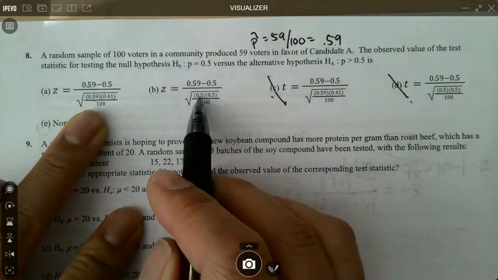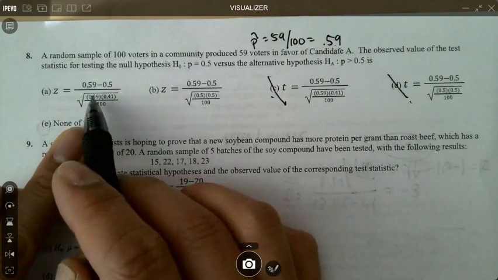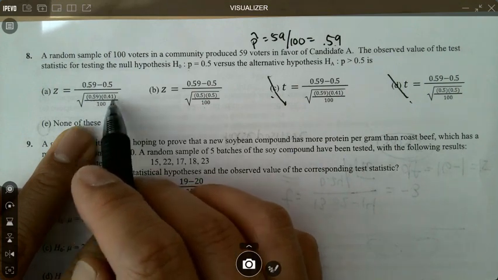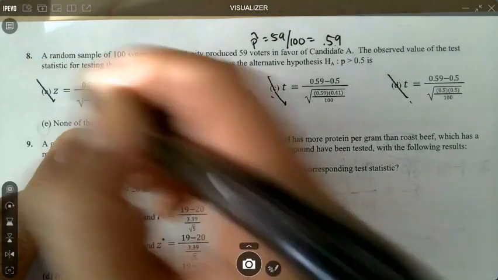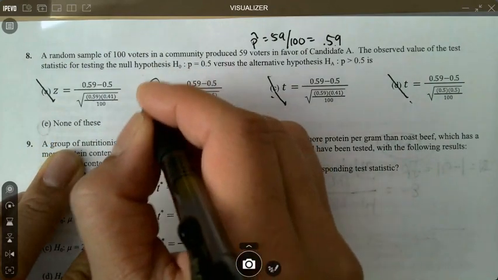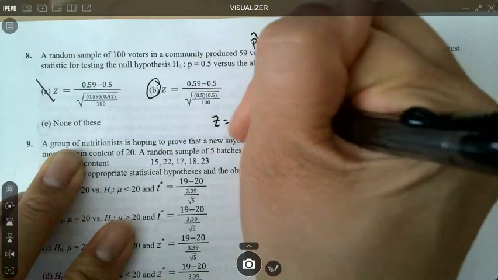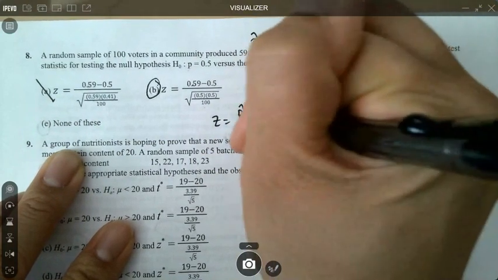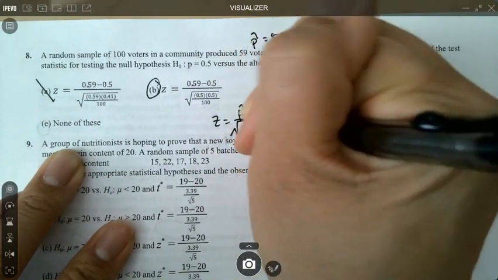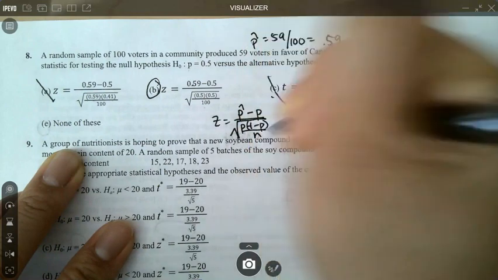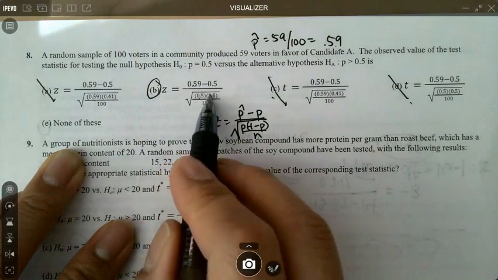In the denominator, this should be p times 1 minus p. So in this problem, since A, this is 0.59 times 0.41, that's p hat times 1 minus p hat. This isn't going to be the correct option. This would be the correct test statistic. It's p hat, so correct formula would be p hat minus p over the square root of p times 1 minus p over n, which this would be the correct numbers for that one.